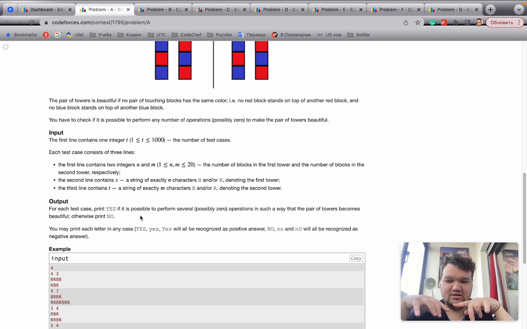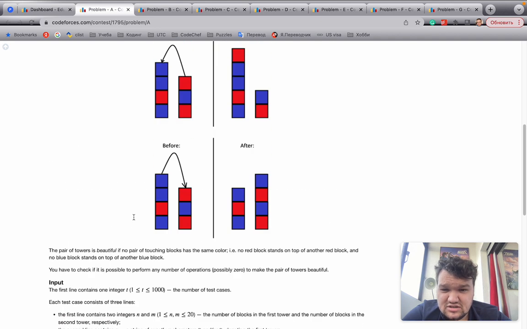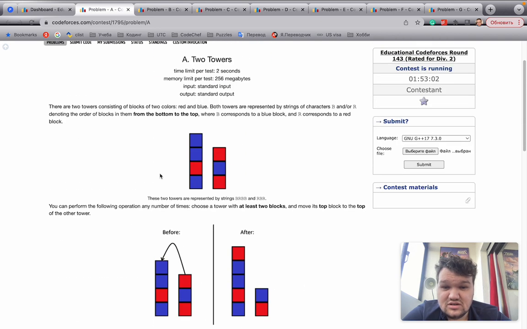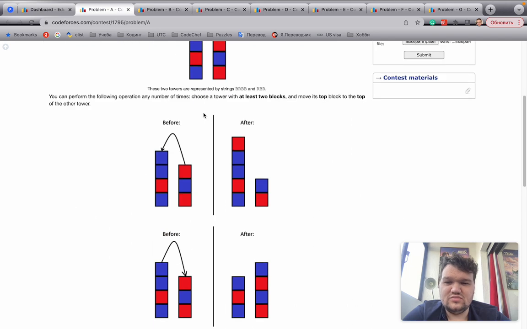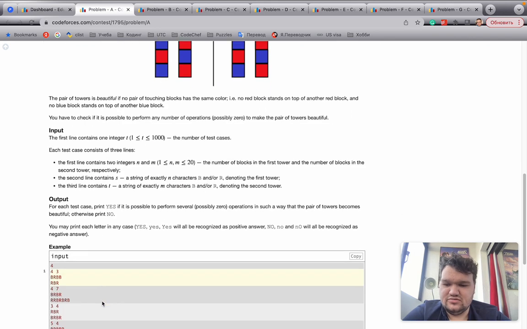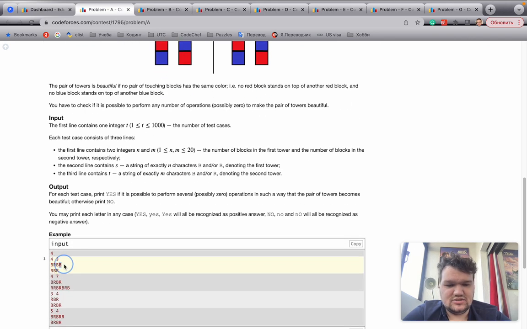So to solve the problem we will read two strings, reverse one of them. In which order they are given, from bottom to the top. So the last position is the top one and I want the last positions to be also neighbors.